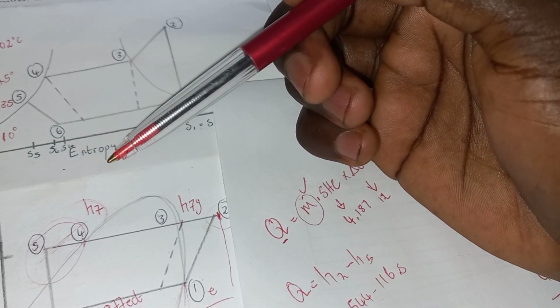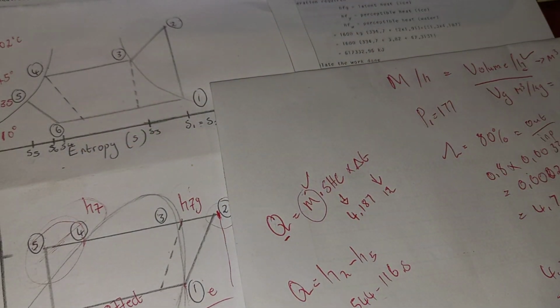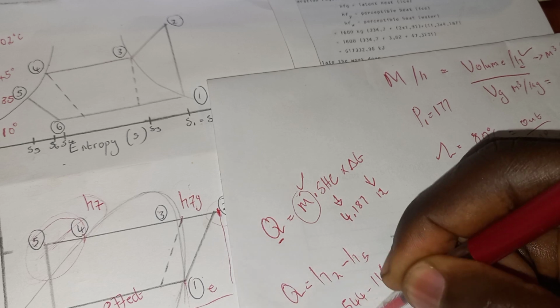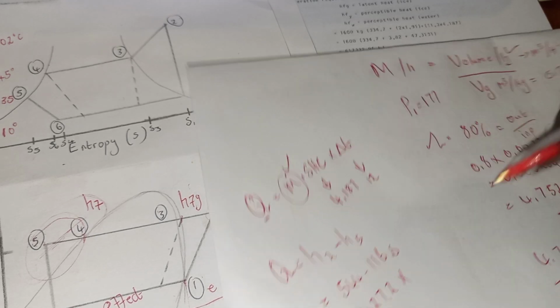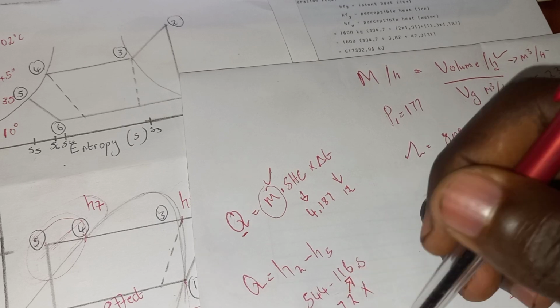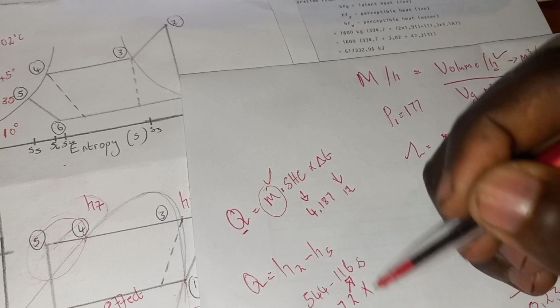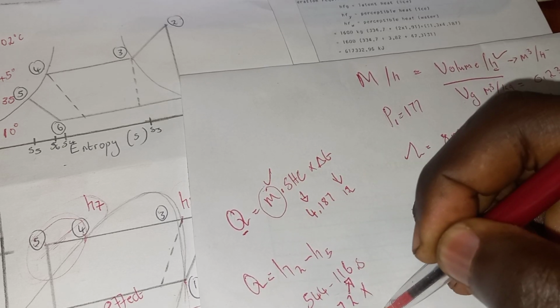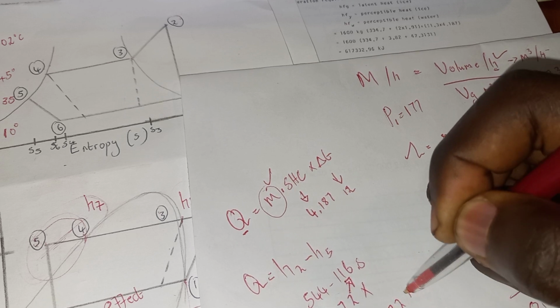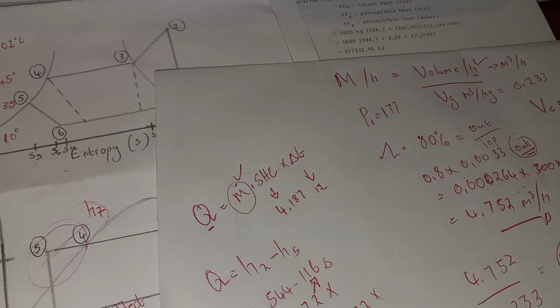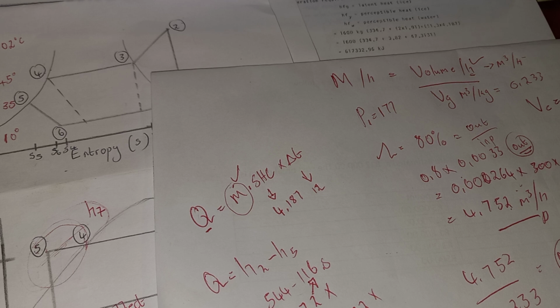And then from there you have the heat energy per hour. Remember, we are calculating the mass of this water per hour. So this heat energy is going to be 427.2 multiplied, this is the answer from this side. And then to get the heat energy per hour, the heat energy that was transferred per hour is going to be this 427.2 multiplied by the heat energy that flows in the refrigerator.